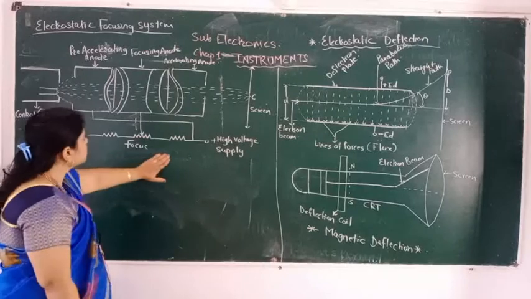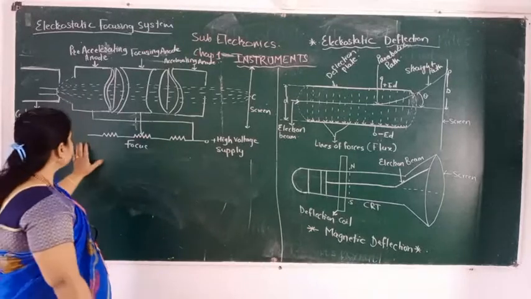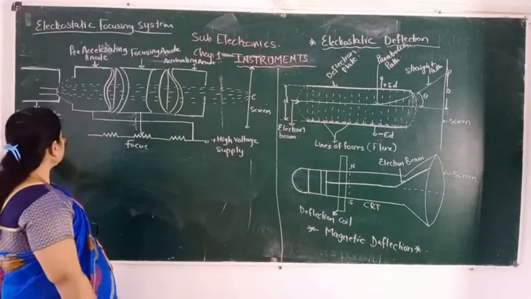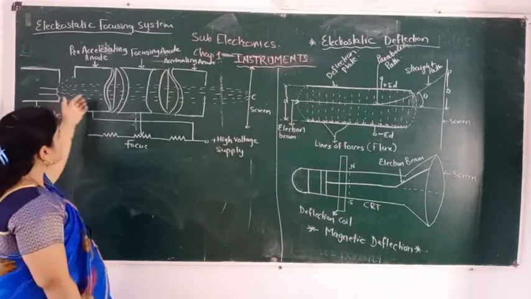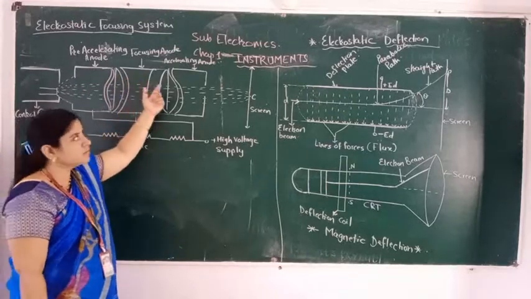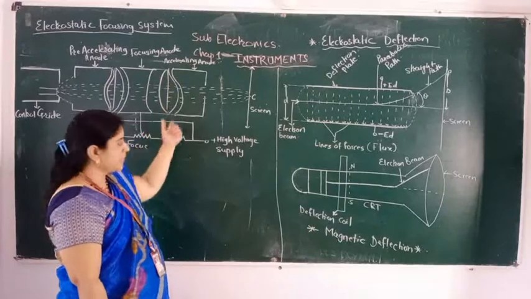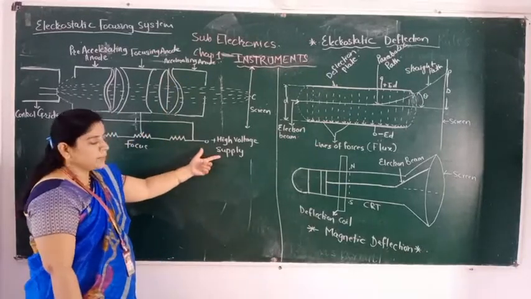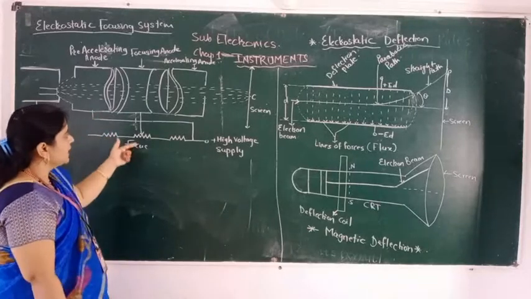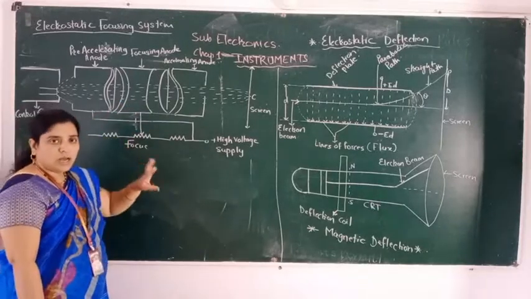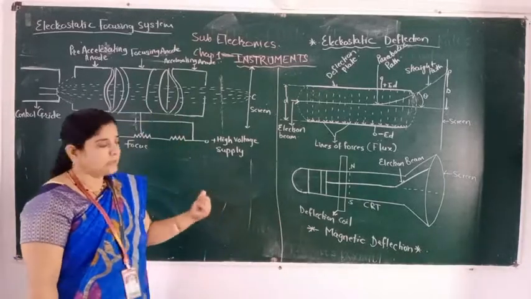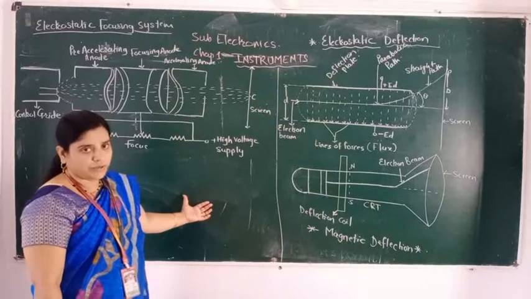First, the construction of this figure, we will see what is there in the construction. In the electrostatic focusing system, first the control grid is there, the pre-accelerating anode is there, the focusing anode and accelerating anode are there, and voltage is applied to the pre-accelerating anode as well as the focusing anode. How these voltages work and how much voltage has to be applied to which plate, we will see. Okay.